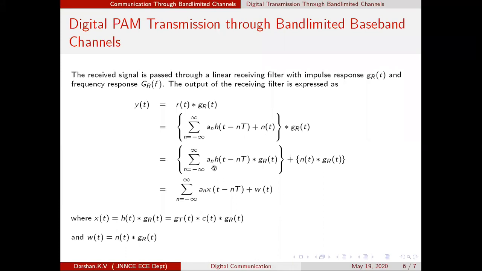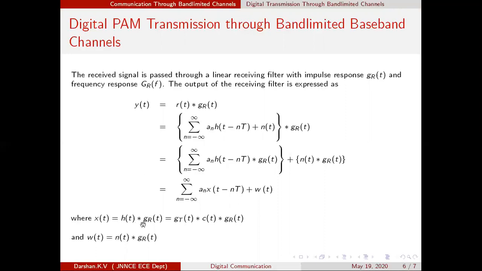During the simplification, this would be the step: sigma from minus infinity to plus infinity a_n h of t minus nT into g_R of t. Now you have two functions, one function is h of t and another function is g_R of t.